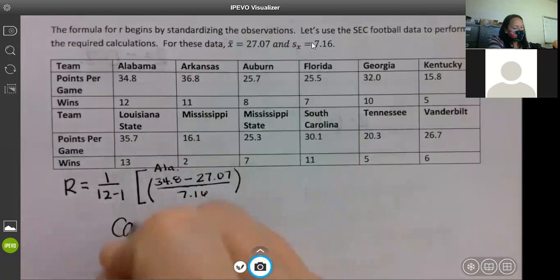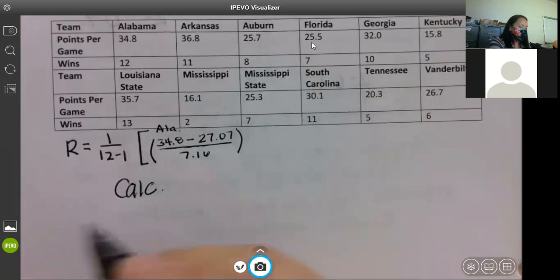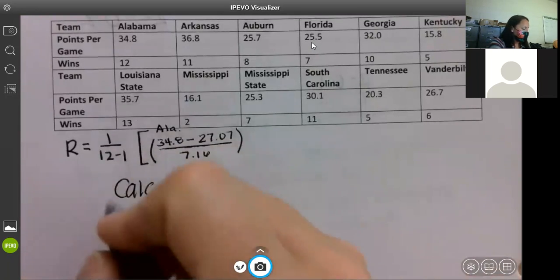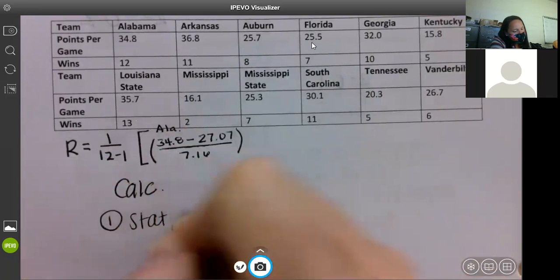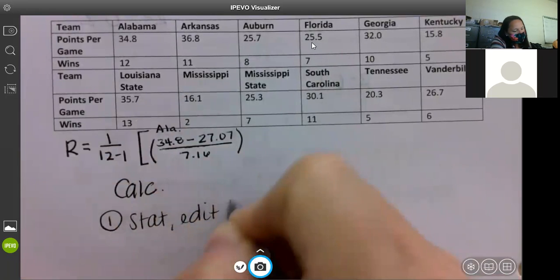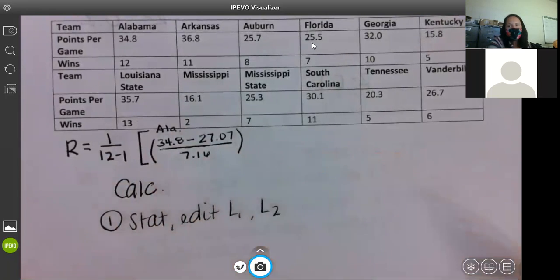So remember, in our calculator, how do we do it? So we're going to go into stat. We will edit L1 and L2. My pen is about to die.